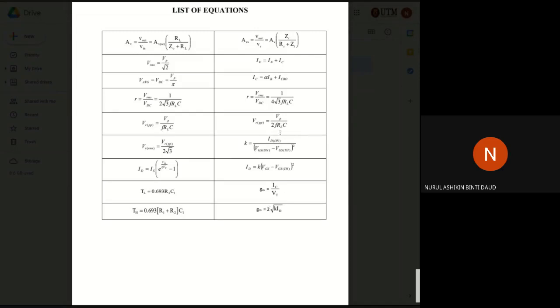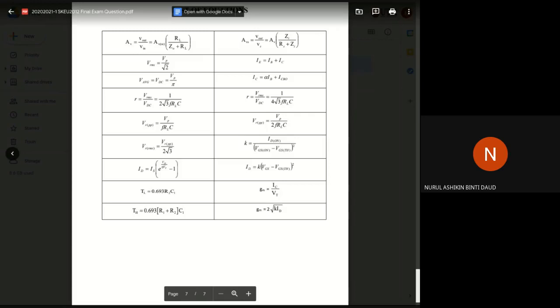But r pi, ro, and beta are not included. So please memorize this. gm is included.